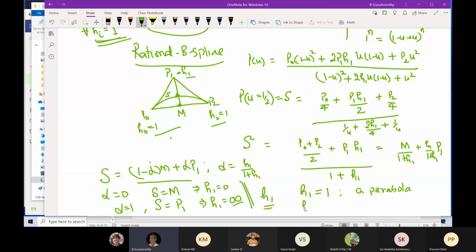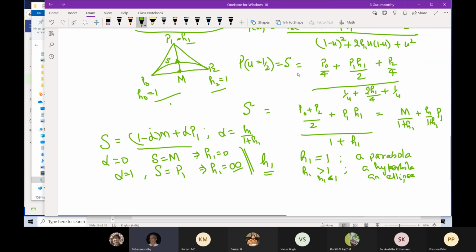When h1 is greater than 1, the curve becomes a hyperbola. And for h1 less than 1, it becomes an ellipse. Again, I'm stating this without proof, but believe me that there is a way to prove this, not very difficult.